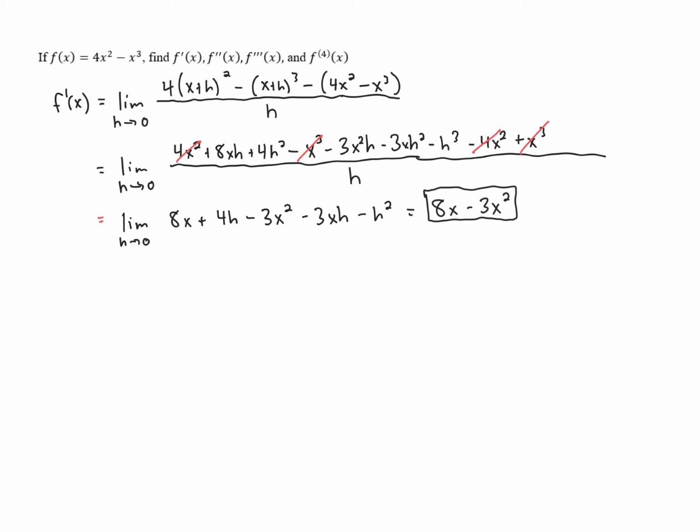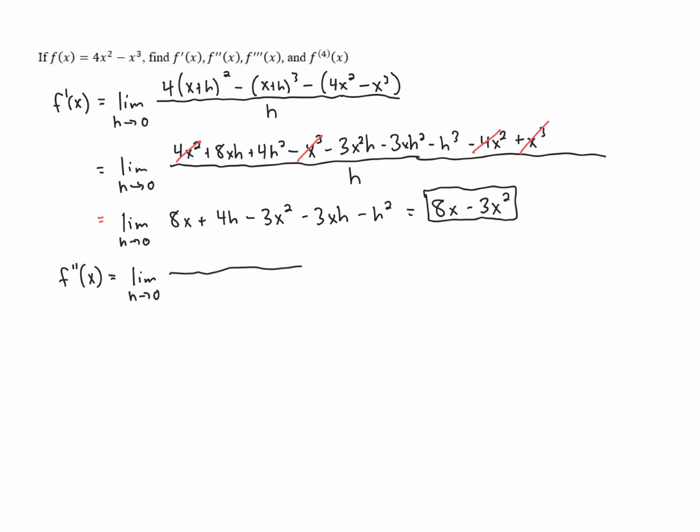Now, if we want the second derivative, we need to differentiate this. So f double prime of x is going to be, again, we need the limit definition, and we're going to plug in x plus h to this function, because we're taking the derivative of the derivative.